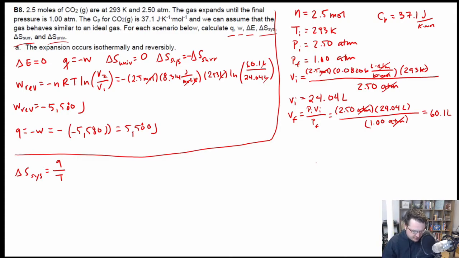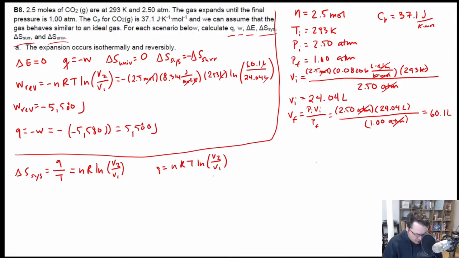You could also use a different equation. You could also just simply use nR natural log of V2 over V1. If you were to derive the equations, nR natural log V2 over V1 is technically the correct way to calculate the delta S system, but we can just skip all of that because we know that Q is equal to nRT natural log V2 over V1.